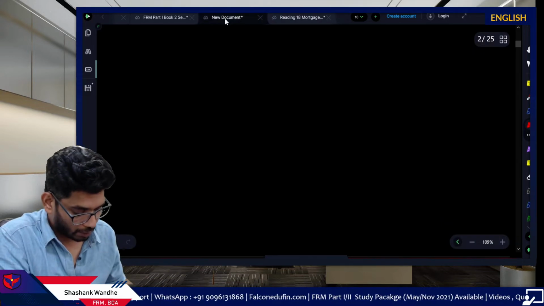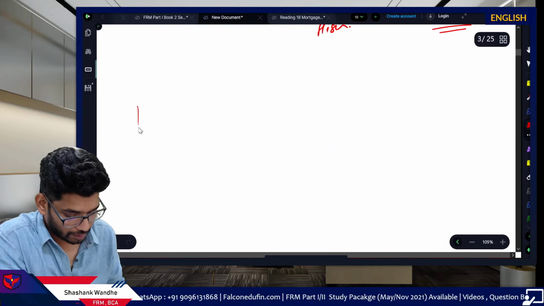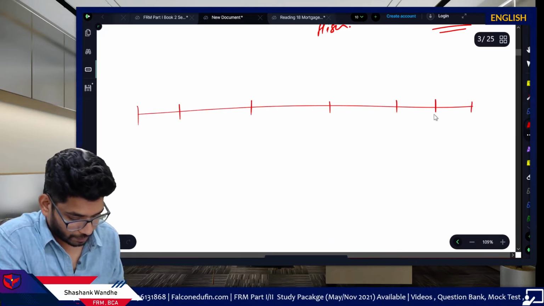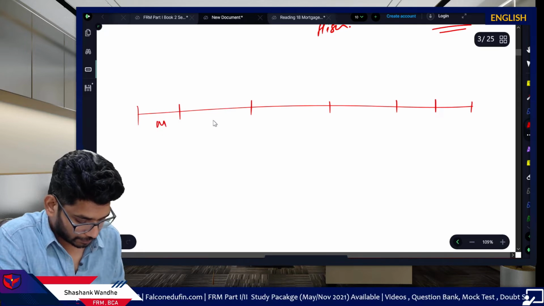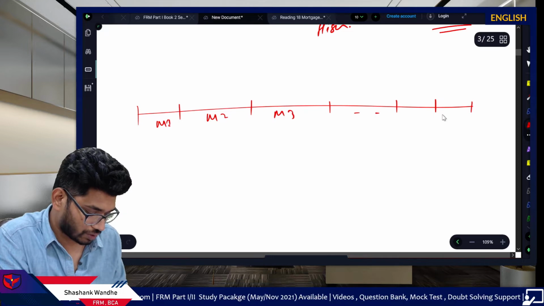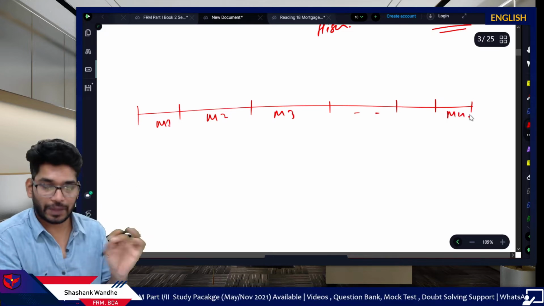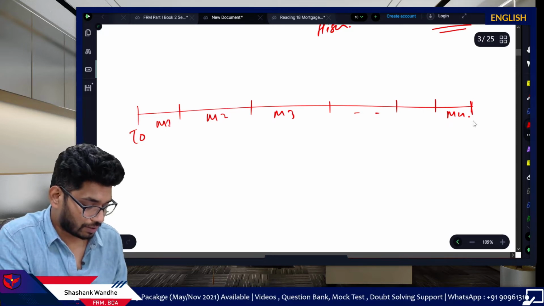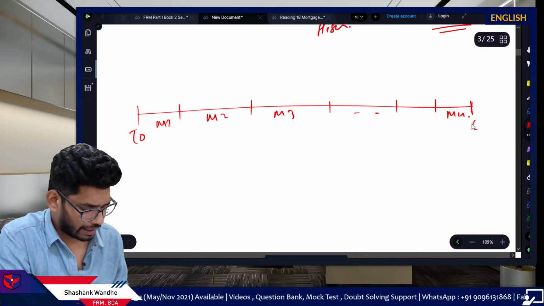I will just show you how it works. These are the months. Month 1, month 2, M2, M3, and so on. And then we have M4 like this. It starts from T0. Okay. And then we can take Tn, right?